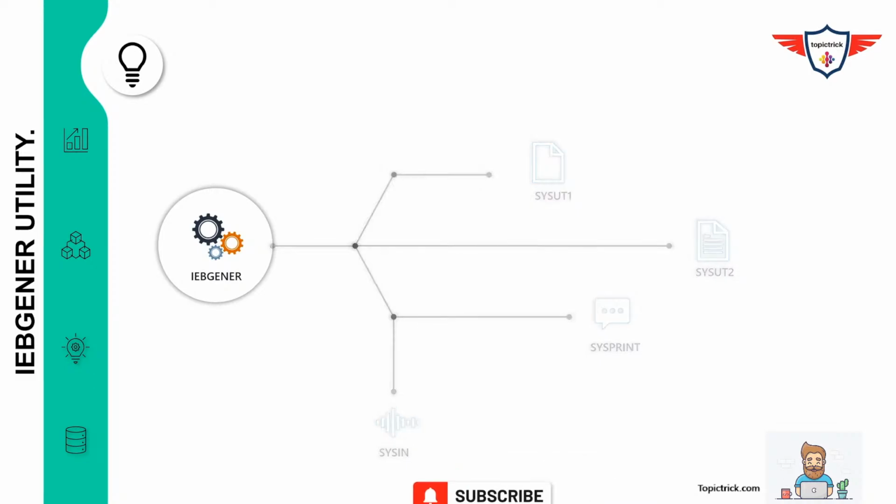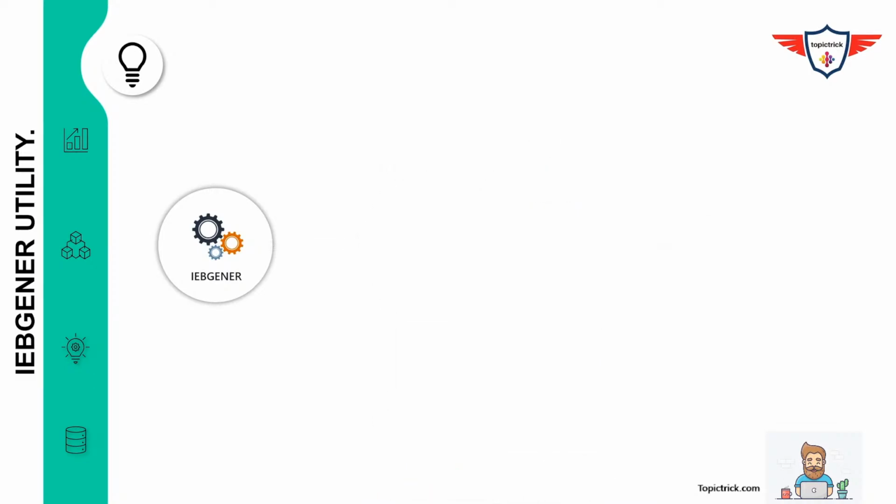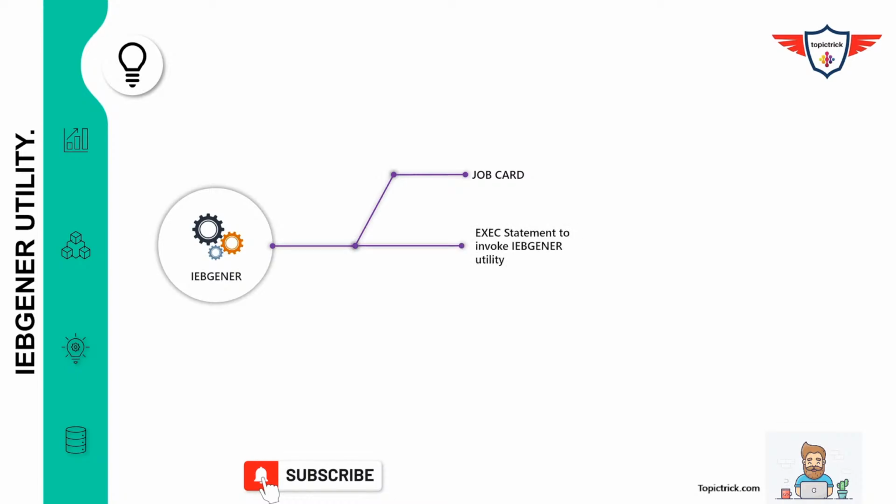Now let's understand the different steps you need in a JCL and how you can invoke the IEBGENER utility with the help of a batch job. In order to execute the IEBGENER utility from a batch job, you need three kinds of control statements. The first one is a job card, which provides all the information related to your shop.